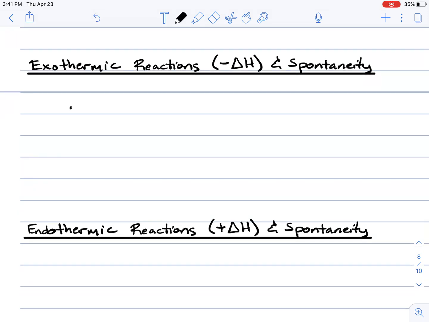Right, so if you thought about the consumption of fuel or fuel burning, in other words, a combustion reaction. When a combustion reaction occurs, you have loads of energy being released to the surroundings.